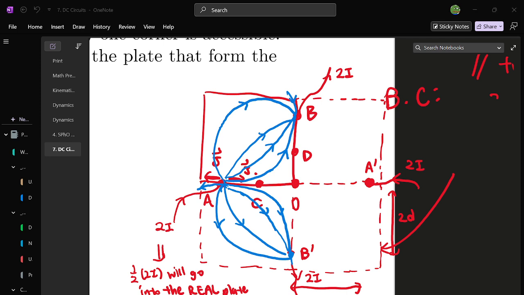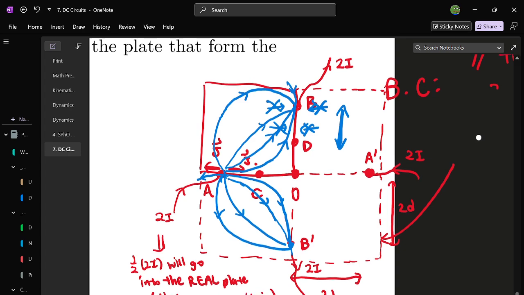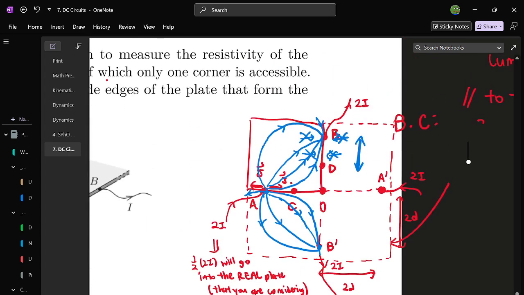So for instance, at B, all these components will just cancel out. So this and this cancel out. This and this cancel out. You're only left with components parallel. And that's why your current density at B will be parallel to the plane, exactly like what you want. So with this, we can assert that this combination of image currents satisfies the boundary condition that we want.